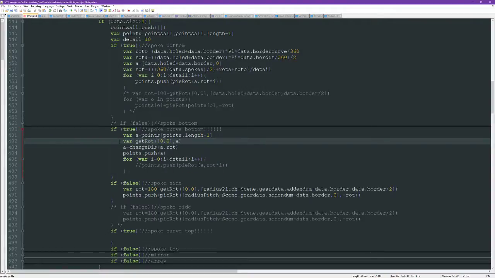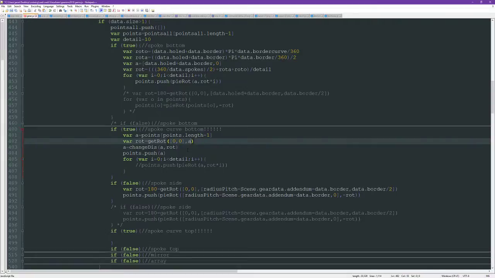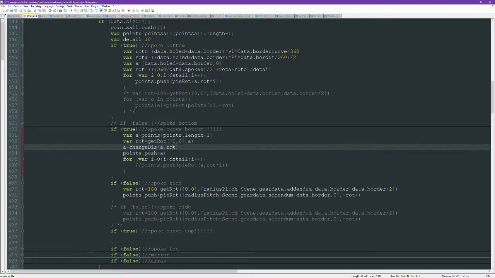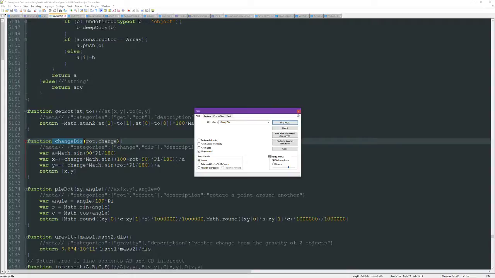Huh. Rope equals that. And then we want to change the distance of that. Hang on. No, we just need the distance and the location, don't we? This is change. How does that one work again? I always seem to forget, because it does a weird thing, doesn't it?